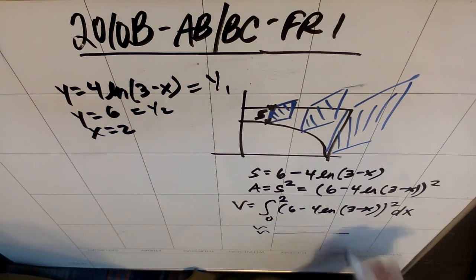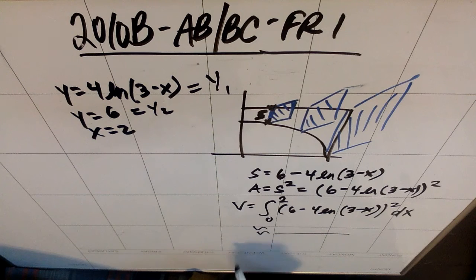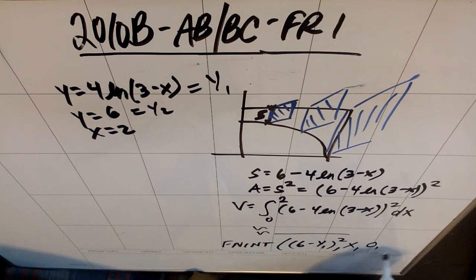Then you're going to make your calculator do it for you. The way I'm going to put this in my calculator is function integrate, in parentheses, 6 minus y1 quantity squared with respect to x from 0 to 2.